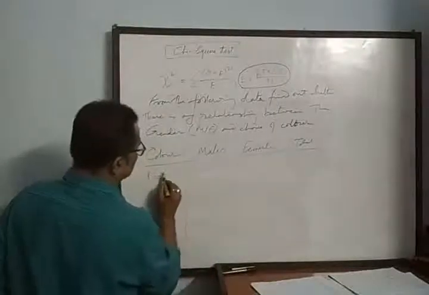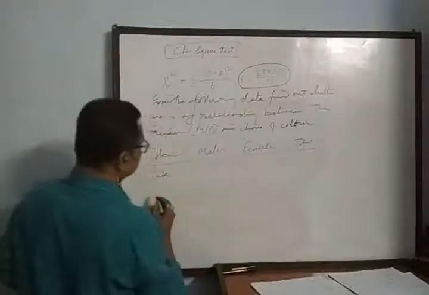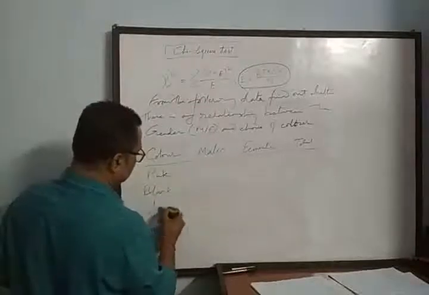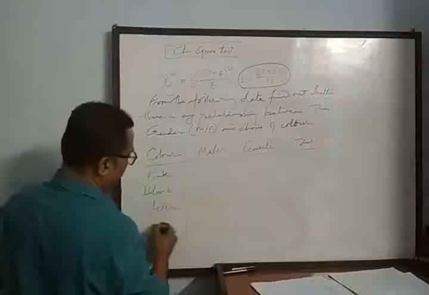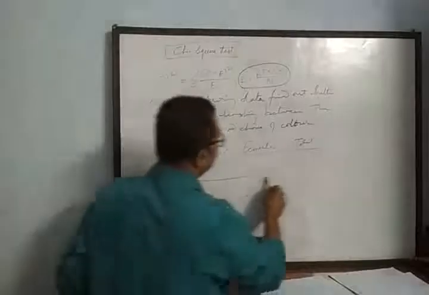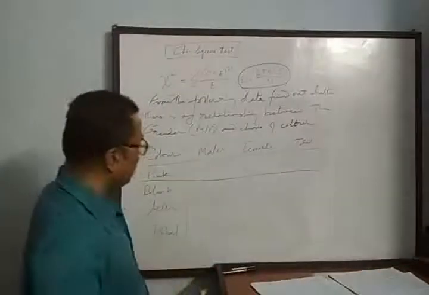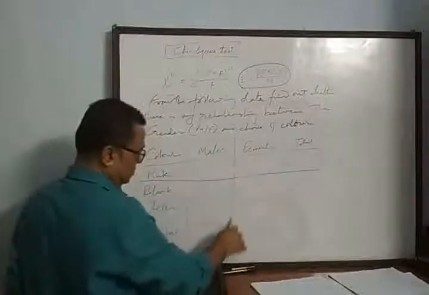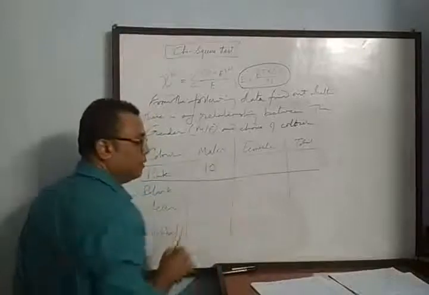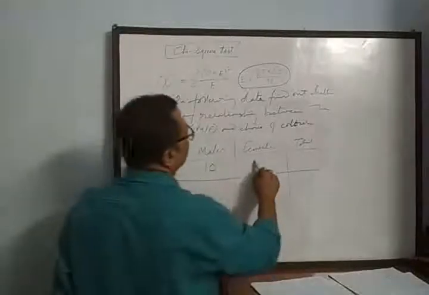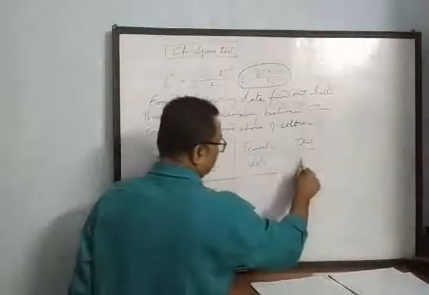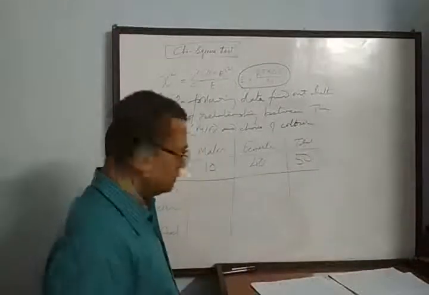First pink, then black, and then yellow, and then again total. So pink under males there will be 10, and females there will be 40, and total will be 50.